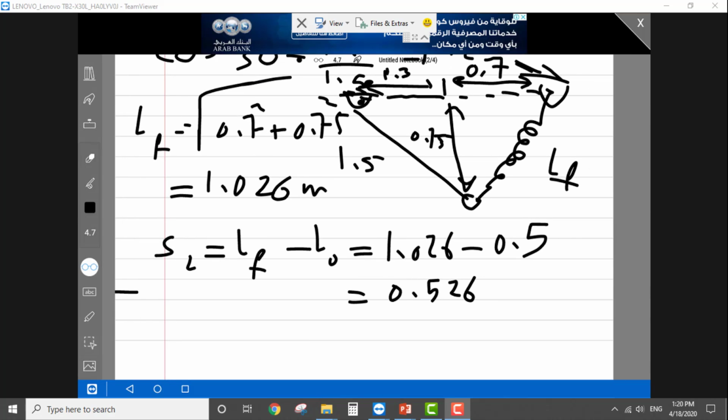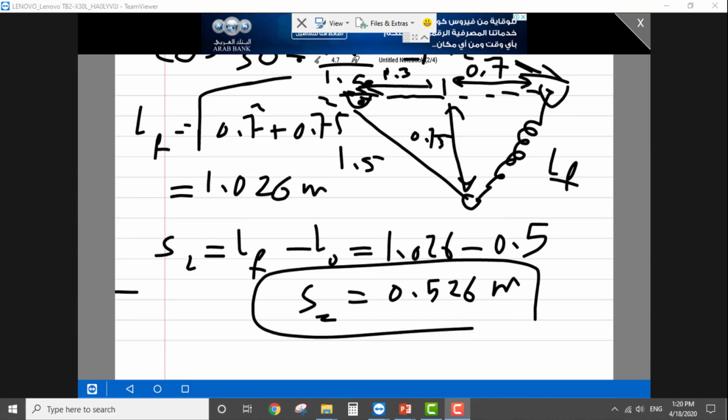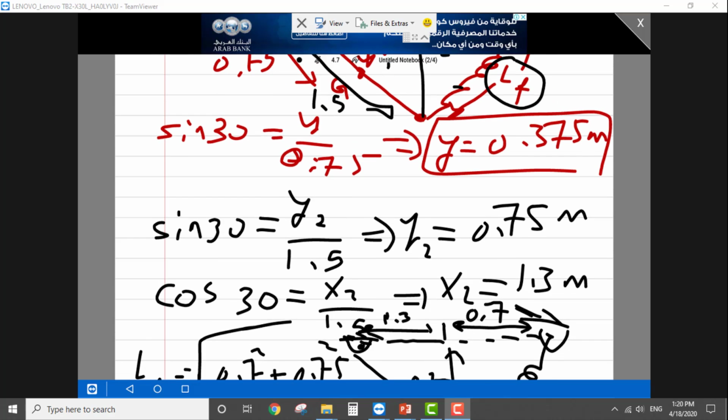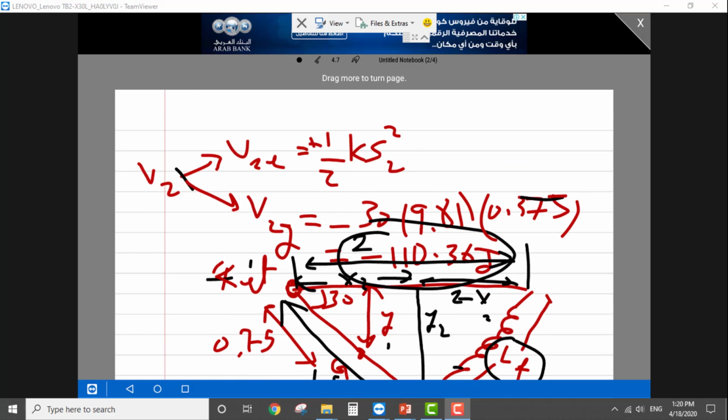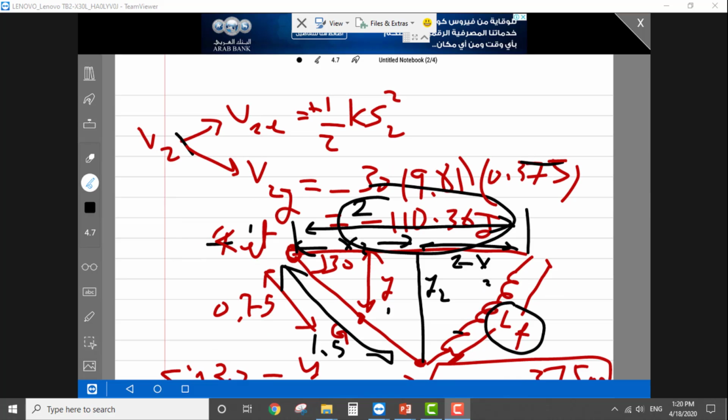So here I should substitute meter. Then this is S2. Now if I go to the top of this sheet, I will substitute, instead of V2 elastic, instead of K, I write 80, which is the stiffness given in the problem statement.